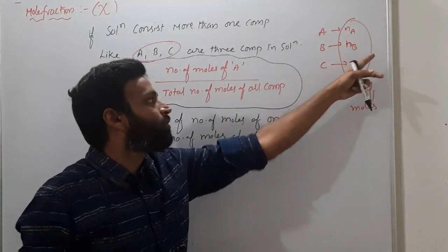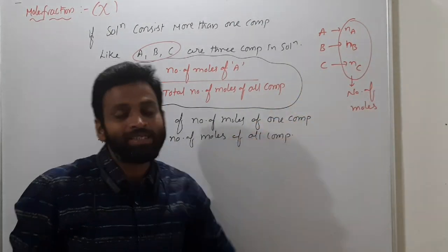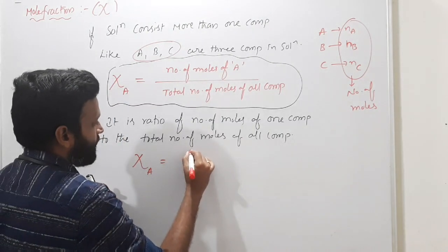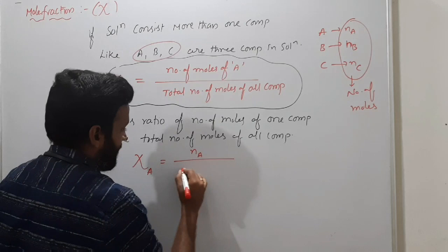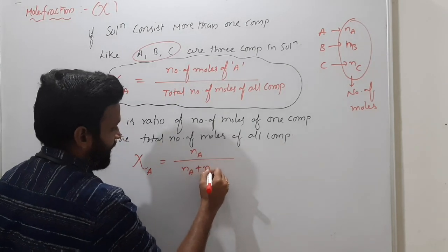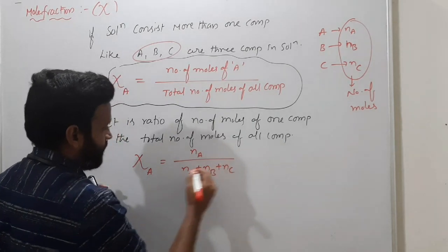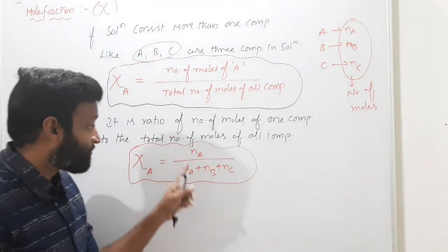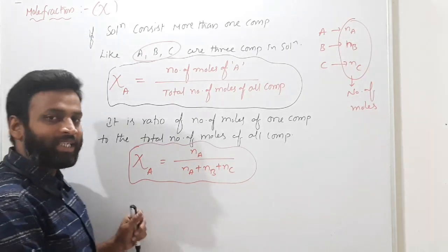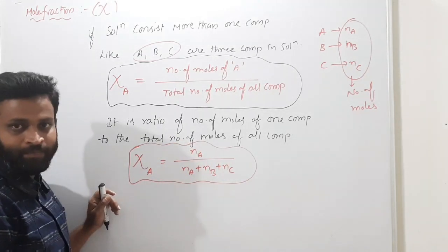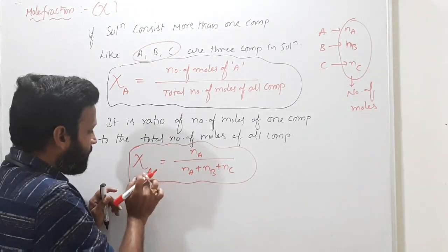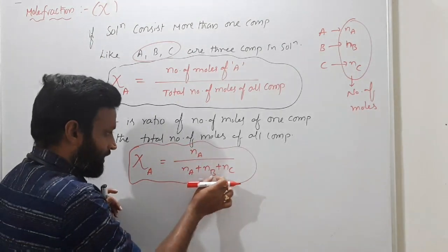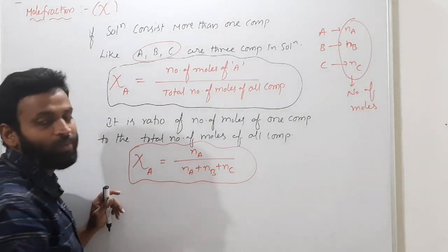For B, Nb. For C, Nc. Then the mole fraction of A is Na by Na plus Nb plus Nc. This is the mole fraction of A. Whose fraction is it? A's fraction. How many moles of A, B and C are given, you must know.